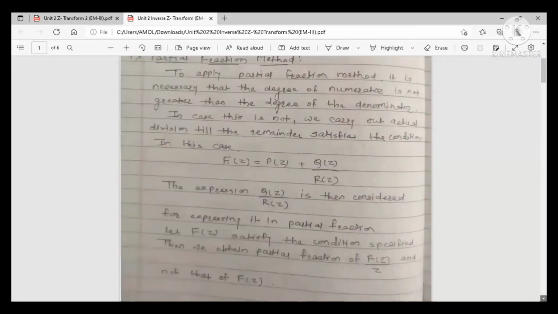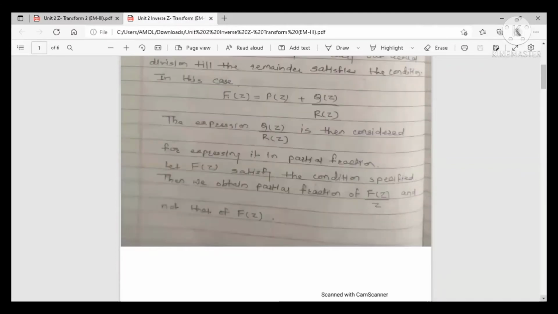In this case, we perform the actual division, and the formula for the actual division is f of z equal to p of z plus q of z upon r of z. This is the formula. The expression q of z upon r of z is then considered for expressing it in partial fraction. Let f of z satisfy the condition specified. Then we obtain the partial fraction of f of z upon z and not that of f of z.